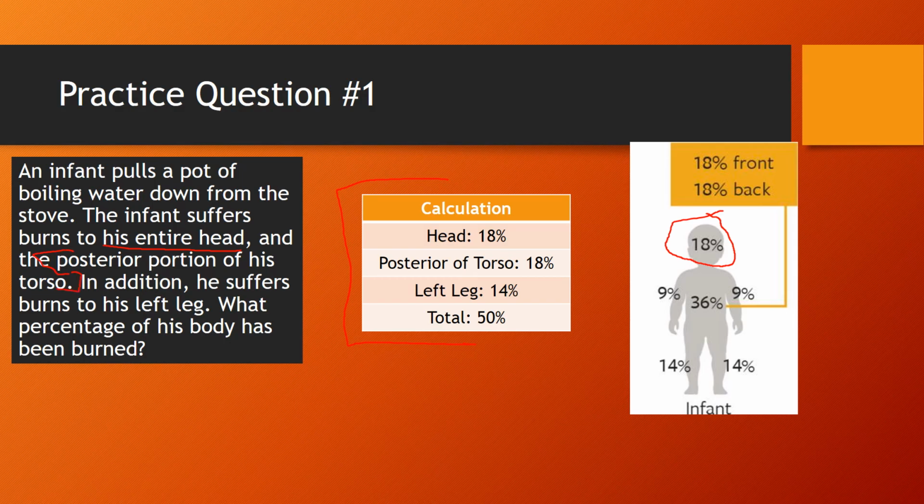So basically his back, upper and lower back, that's 2 units, so 18%. So we have 18, and his left leg. Yep, in addition, he suffers burns to his left leg. There you go, and that's an additional 14%. And just like in the adult version, you add it up, and that will give you a total of 50%. That's basically all there is to know for how to apply the rule of nines for infants.